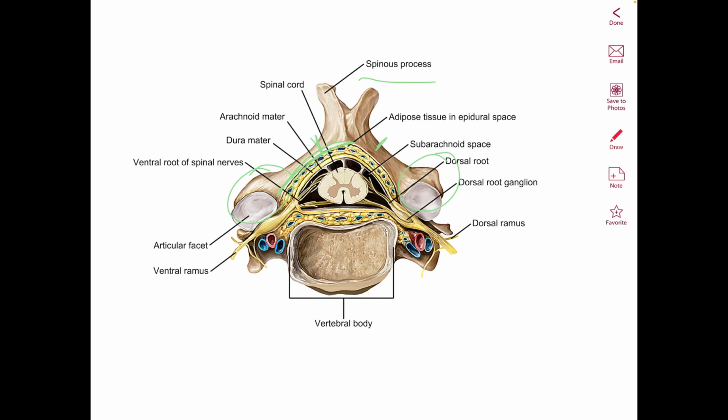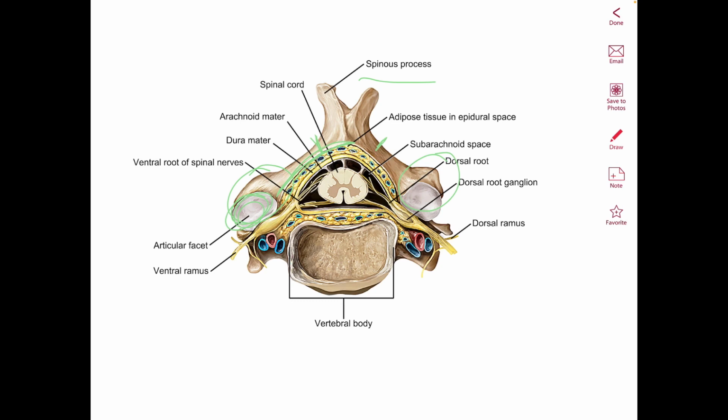There are also 4 articular processes, 2 superior and 2 inferior. These project superiorly and inferiorly from the junction of the lamina and the pedicles, and they articulate with articular processes of the vertebrae above and below, forming a stack of vertebrae.